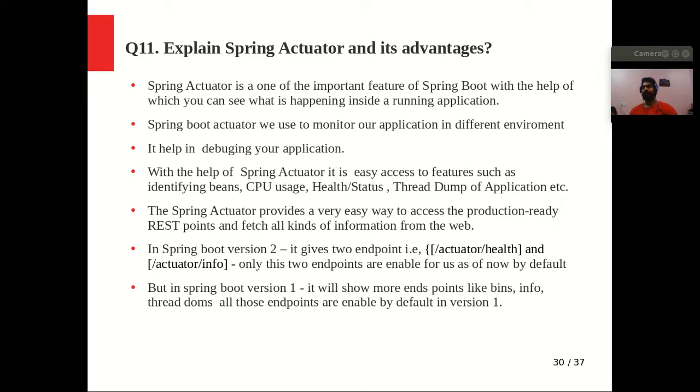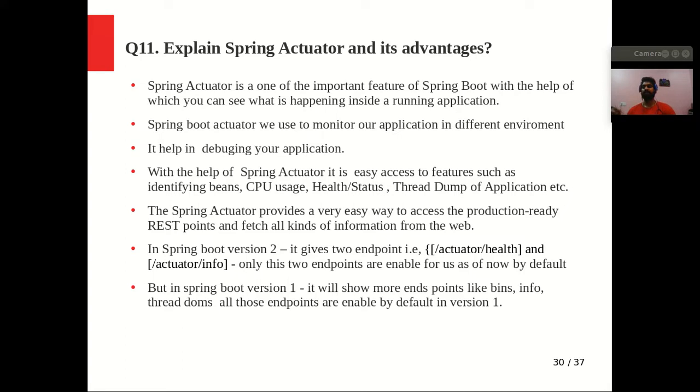With the help of the actuator, we can debug our application. It is easy to access features such as identifying beans, CPU usage, health or status, and thread dump of the application. So we can check the status and also debug our application, right?